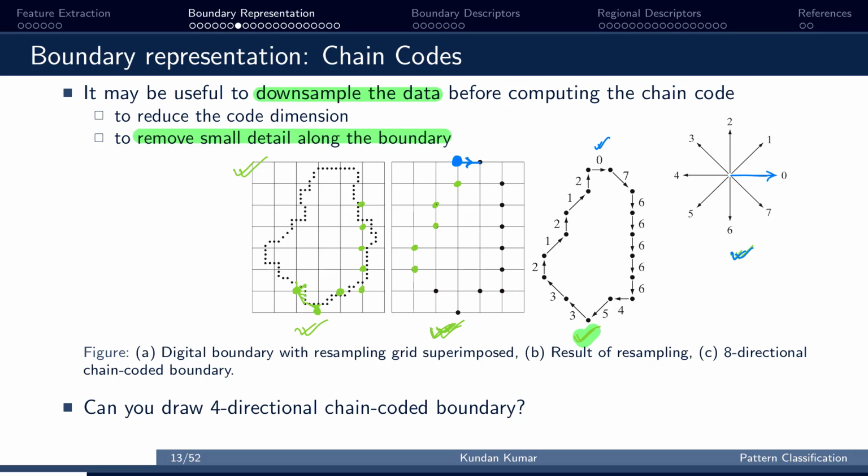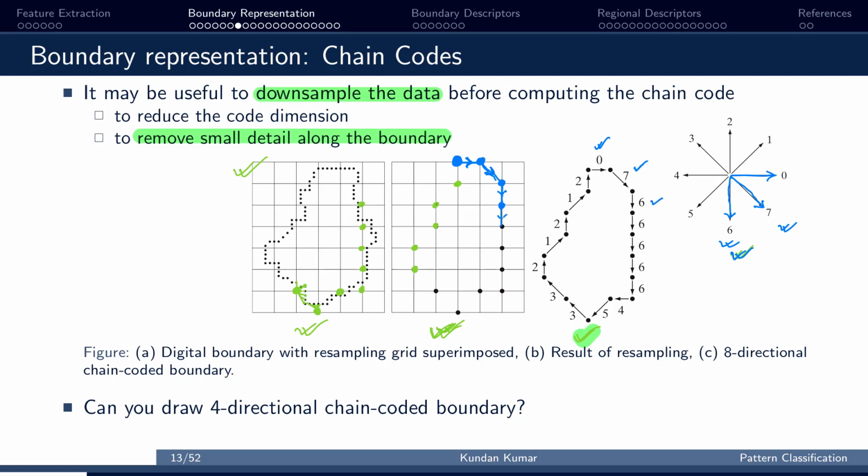When we move to the next grid point, which is here, this is the direction of moving from this grid point to this grid point, and in the 8 directional encoder this is basically 7. So the next value is 7. In the same way, when we move to this grid point, this direction is denoted as 6. So here it is 6.